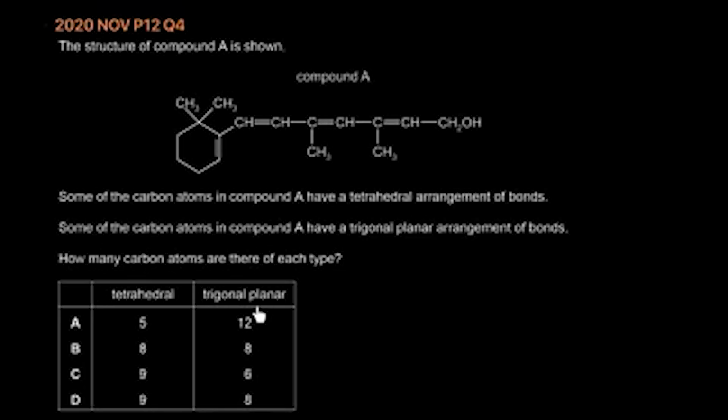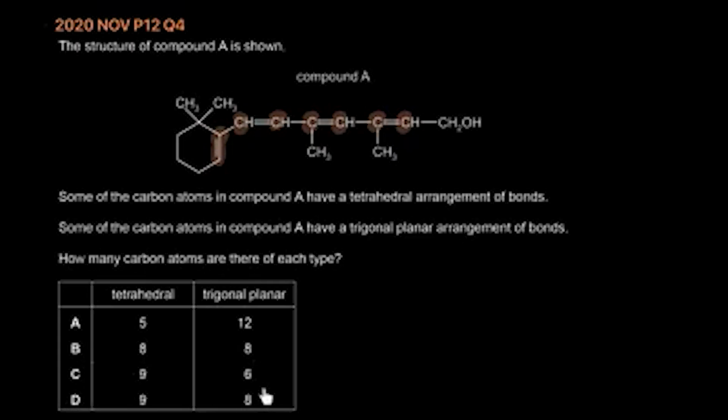So if you want to count trigonal planar, let's find all the carbons that are bonded in the double bond. These two are, these two are, these two are, and these two are also. Now these are nodes inside a cyclic part of the organic chemistry, which we'll do later in more detail, but those are carbons in that hexagon. And so we have how many in the trigonal planar arrangement? These two that I'm highlighting right now, then these two, 4, these two, coming next is 6, and these two are 8. So you got 8 carbons in a trigonal planar fashion.